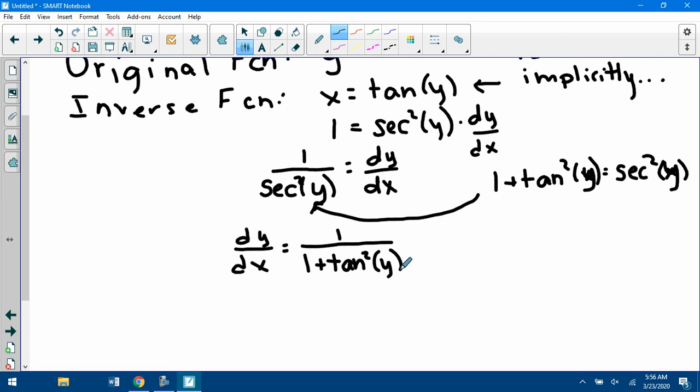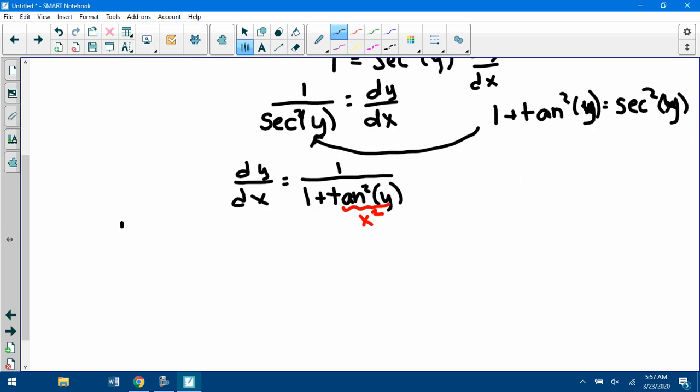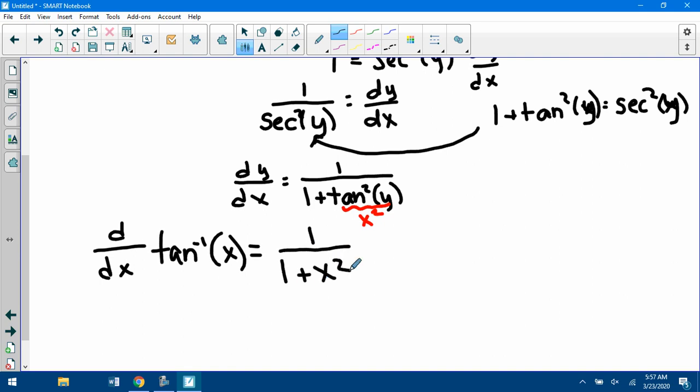Okay, and then remember, what's tangent of y equal to? We'll look back at this step. Tangent of y is just x. So tan squared y is going to be x squared. Okay, and there you have it. The derivative of, oops, I don't want that y there, sorry. The derivative of tan inverse of x is equal to 1 over 1 plus x squared.